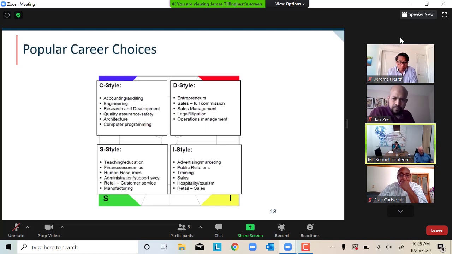The C is going to be the discipline-oriented. The accountants, CPAs, doctors, architects, engineers, any place there's a discipline or a process, you're going to find a strong element of C style of communicating. And guess what?